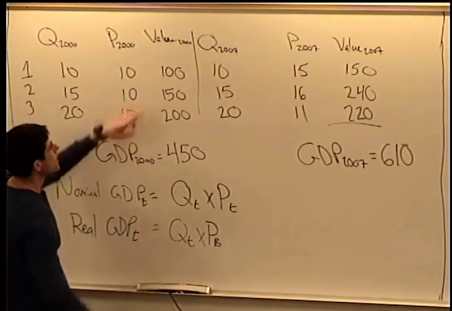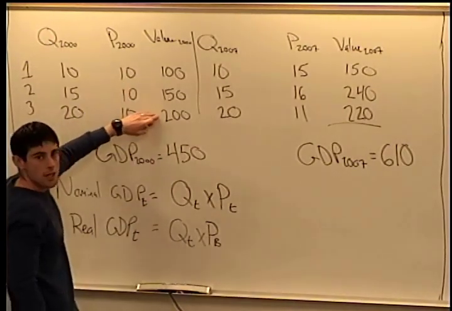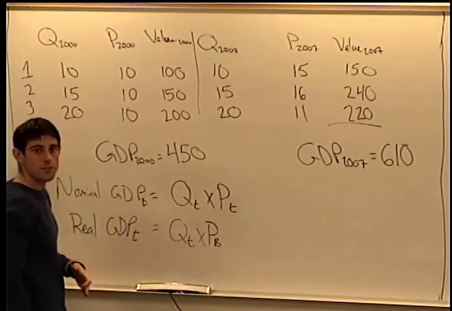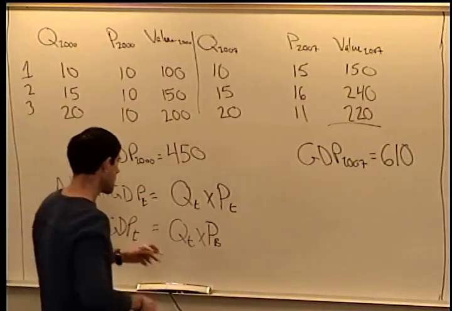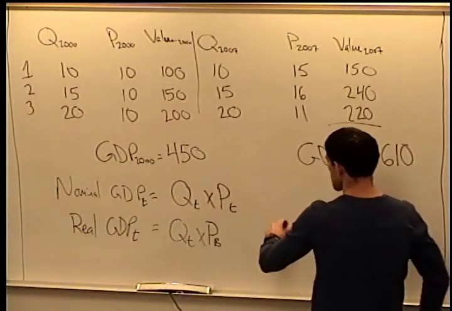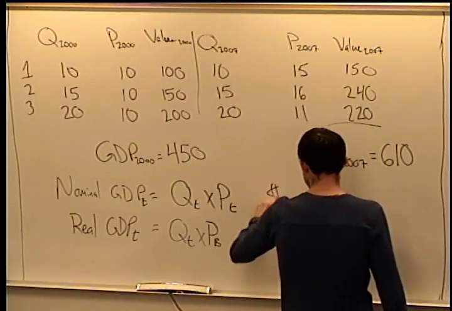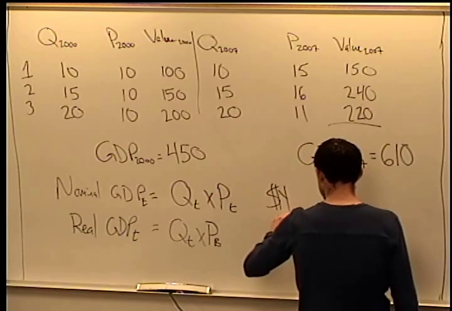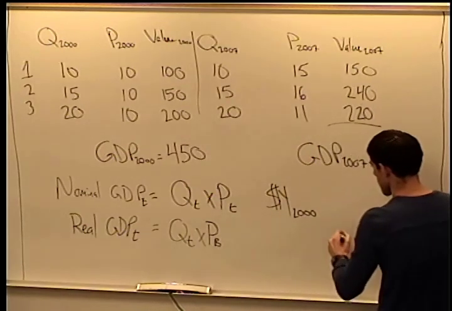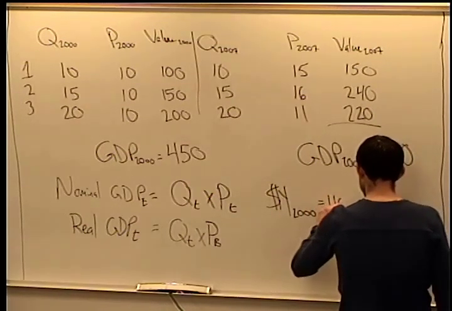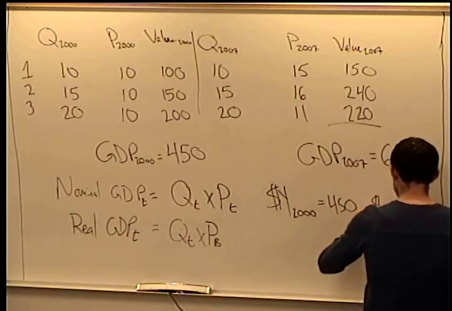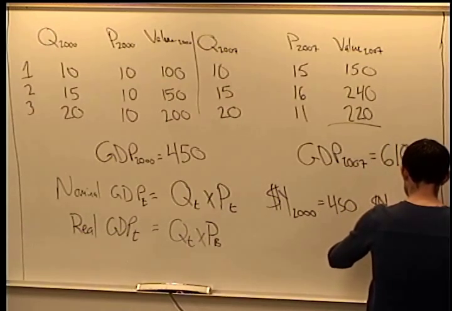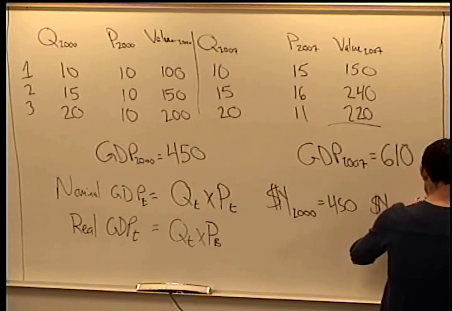And if we do that, we get 100, 150, and 200. We add that up and we get 450. Okay? So here we'll take nominal GDP, which we denote $Y. So $Y in 2000 would be equal to 450 and $Y in 2007 equals 610.